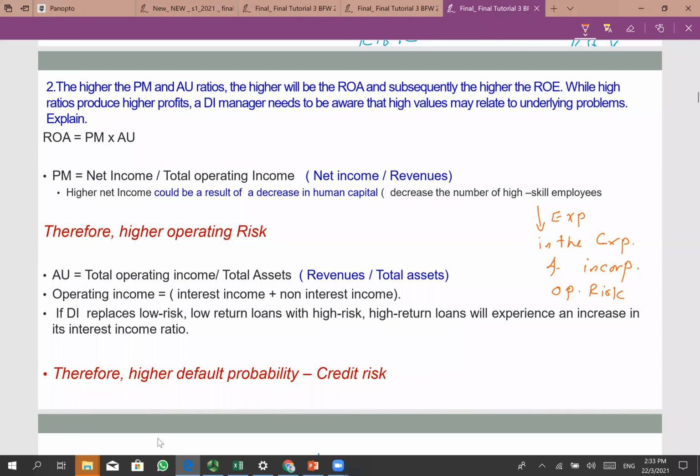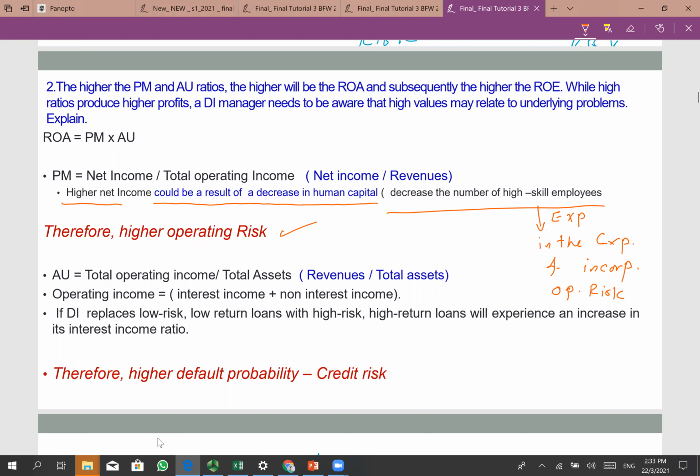So this statement is right. Higher net income, maybe you have to investigate. If it suddenly comes and the net income is increasing, you have to check. It could be a result of a decrease in human capital or in the system, a decrease in the number of high skilled employees, for example. Okay, so this is operational risk.